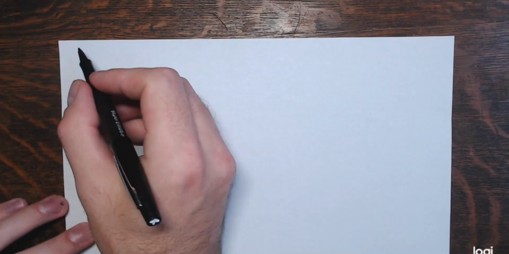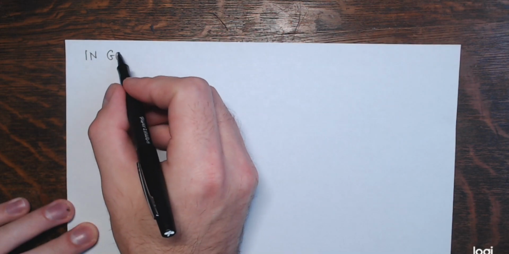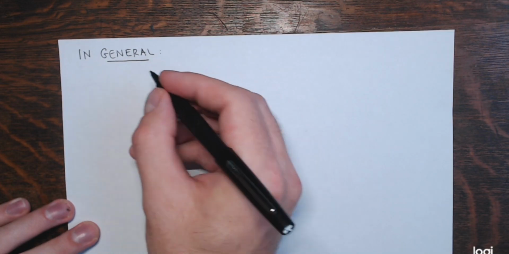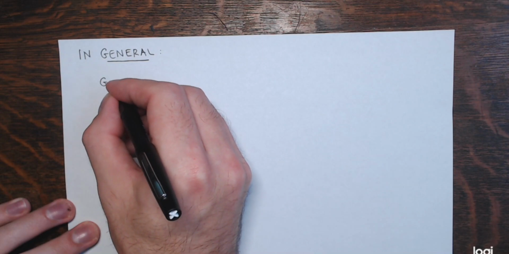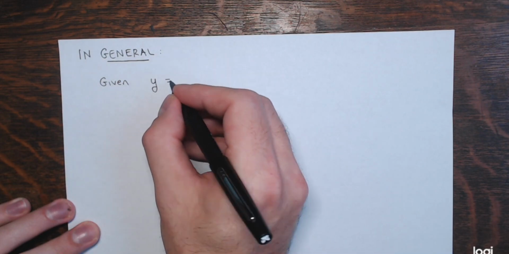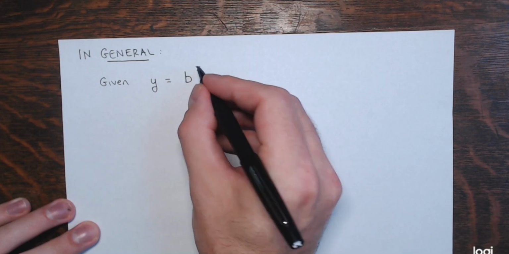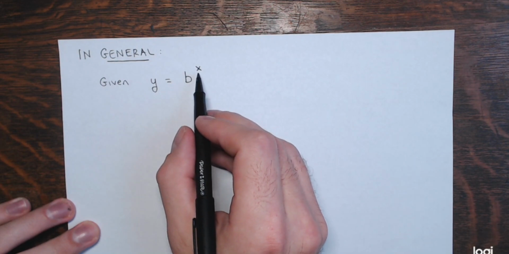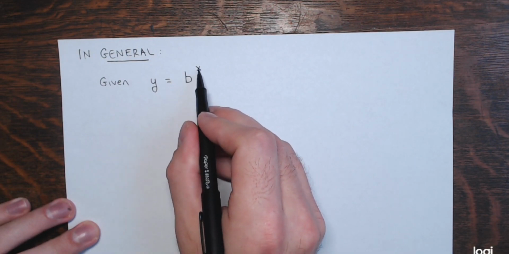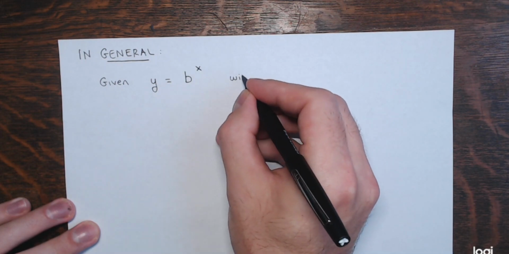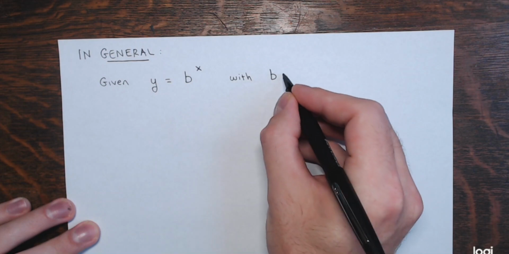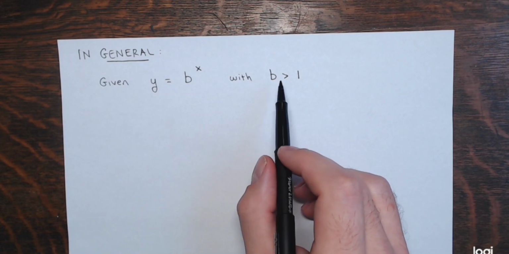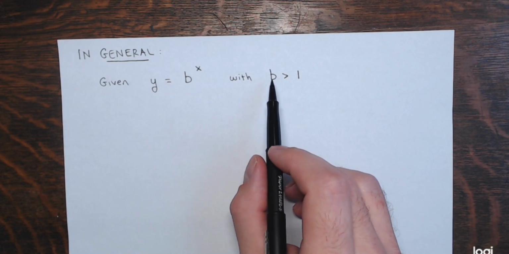So let me write this in general. Given y equals b to the x power, where b is the base and x is the exponent and that's the input, like 3 to the x, 7 to the x, 2.5 to the x, notice that all of those had a base bigger than 1. 3, 7, 2.5, numbers 1, 2, and 3 all had a base bigger than 1.